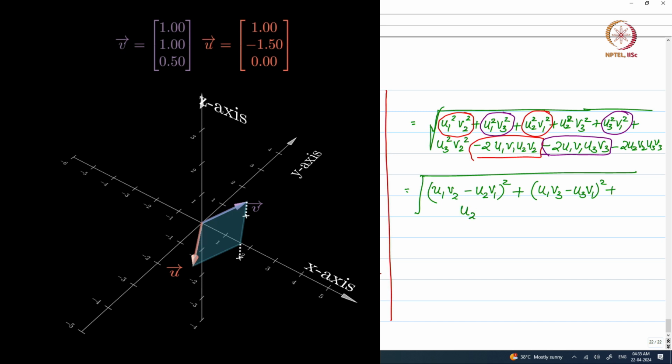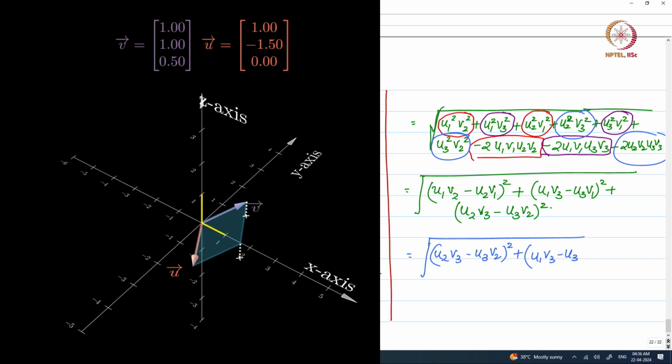We have u2 v3 minus u3 v2 the whole square, which is basically this term and that. So, what are we going to get? Let us rewrite this. This is going to be u2 v3 minus u3 v2 the whole square plus u1 v3 minus u3 v1 the whole square plus u1 v2 minus u2 v1 the whole square.